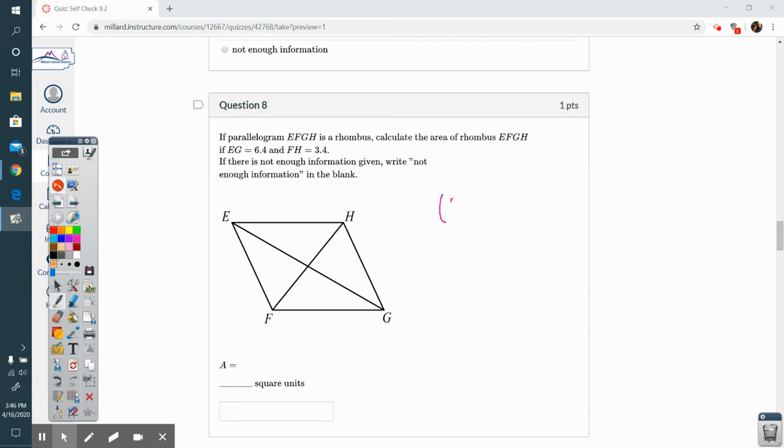So you multiply diagonals and divide by 2 to calculate the area of any parallelogram or a rhombus. 6.4 times 3.4 divided by 2 is equal to 10.88. So just plug that in. And that was because it asked for the area. If it said calculate the perimeter, we couldn't for this problem.